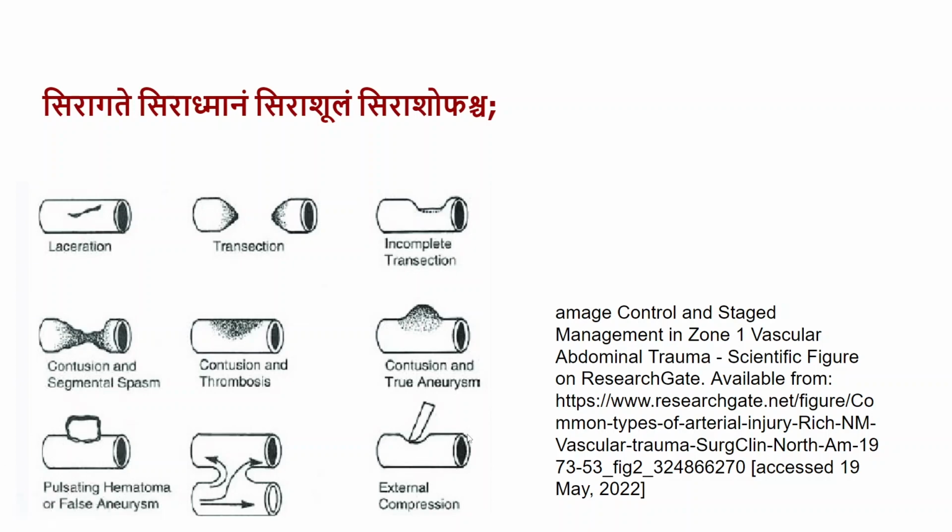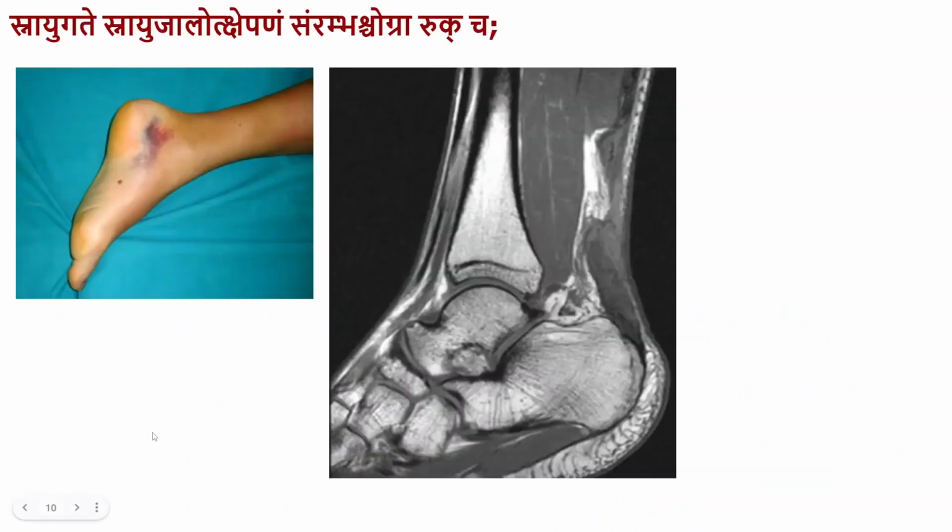So vascular injuries in the present day situation can present in these three types of situation. Siradhanam mentioned by Sushruta is the same dilatation which occurs in the form of aneurysm. Sirashulam is the thrombosis, which can be a complication that occurs in due course of time. That's exactly the issue which we see.